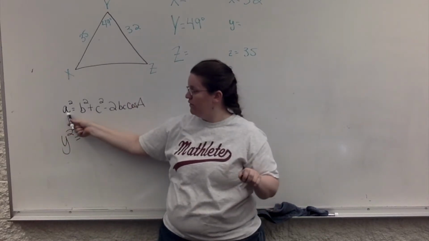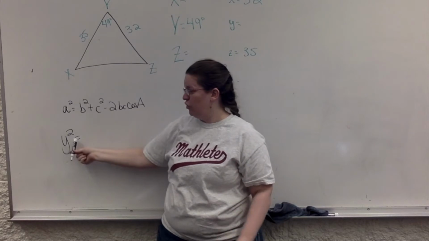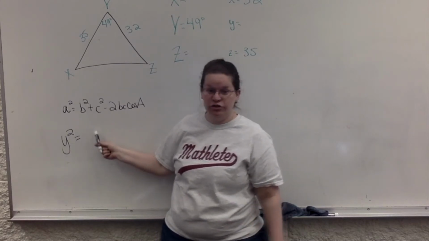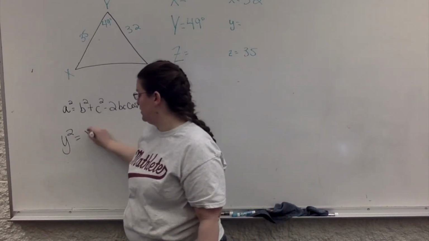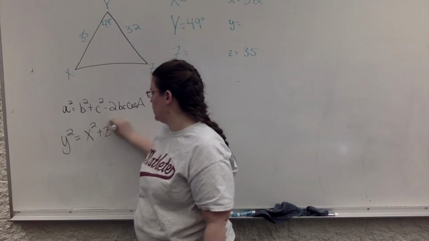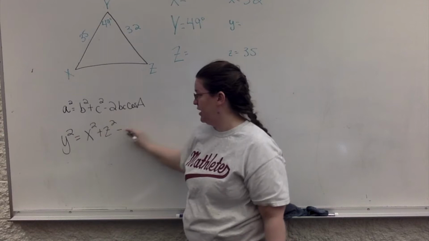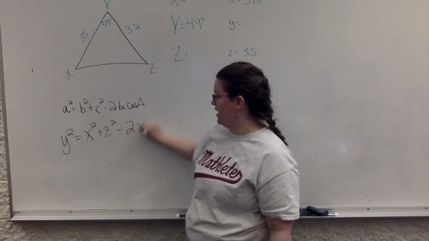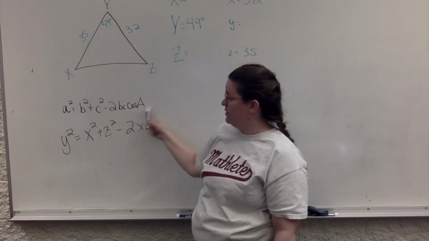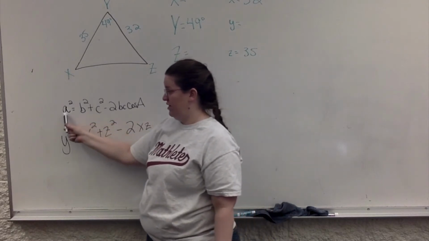And then here we have A and then the other two sides. So here's y. We're going to have the other two sides of x and z. So it's going to be x squared plus z squared, and then minus 2 times these same two sides, so minus 2 times x times z, and then times cosine of this corresponding angle.